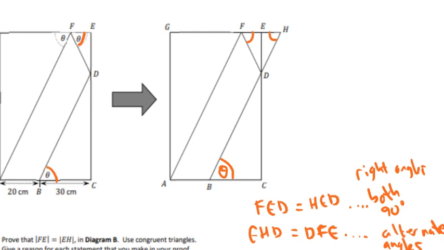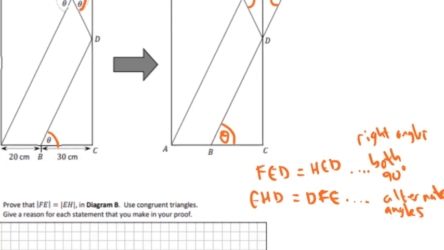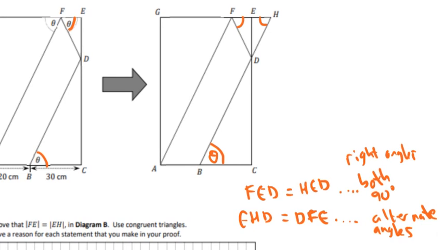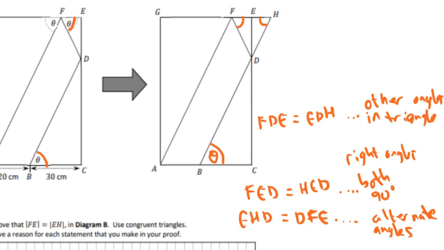that's equal. And then because we know two of the angles in the triangle are equal to each other, we know that the other ones have to be equal as well, because the angles have to add up to 180. So FDE has to be equal to EDH, because they're the other angles in the triangle and must add up to 180.